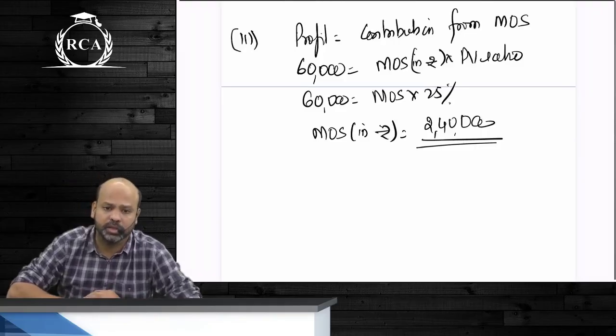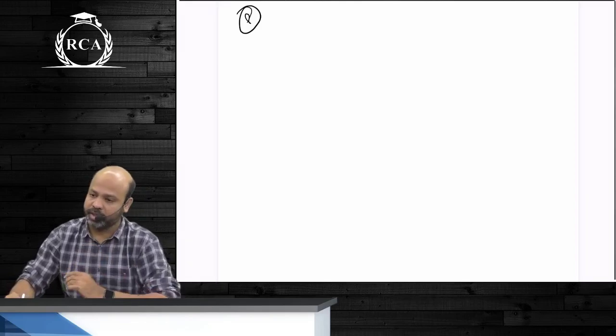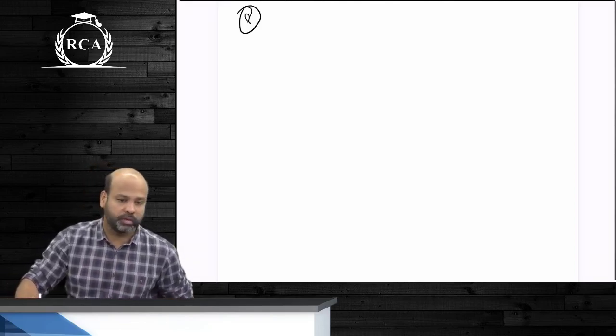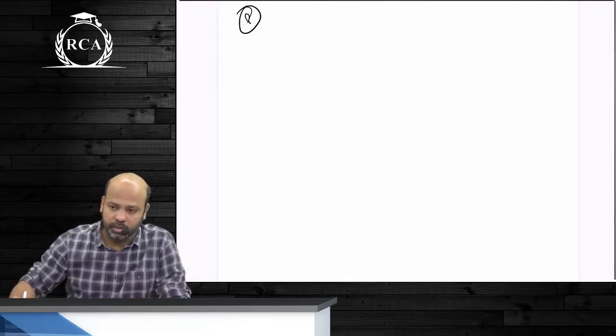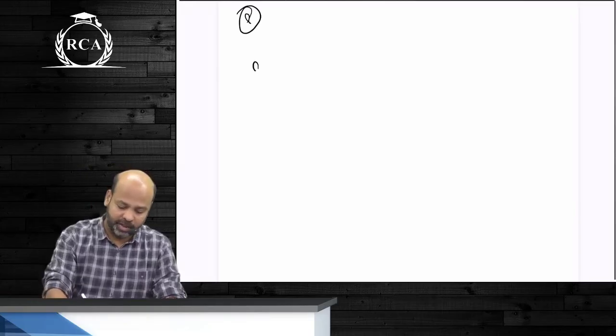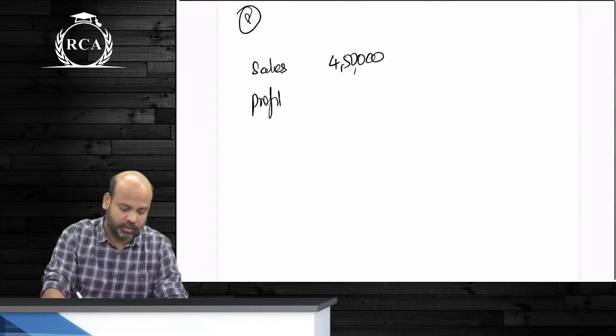Any doubt in this? There was this example that I gave you in the beginning, guys. Selling price 150, variable cost 60 rupees per unit, contribution 90 rupees per unit. Yes or no, guys? Now, let's say better that I do not give you all of those details, but I tell you that when my sales were 4,50,000, my profit was negative 1,80,000.